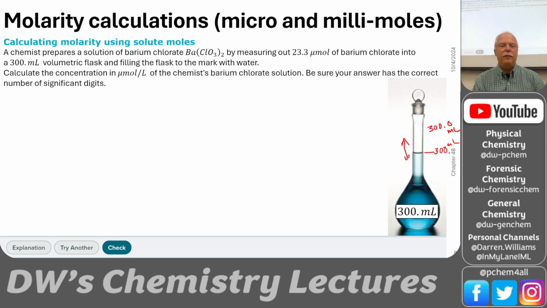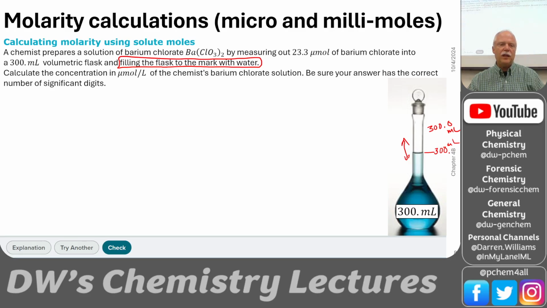Okay, but that's what they mean by filling the flask to the mark with water, that phrase. So that's how we make our really accurate volumetric solutions. So we put it in a volumetric flask and very carefully with a pipette fill it up to that mark so we know it's 300.0 mils or 300 mils.